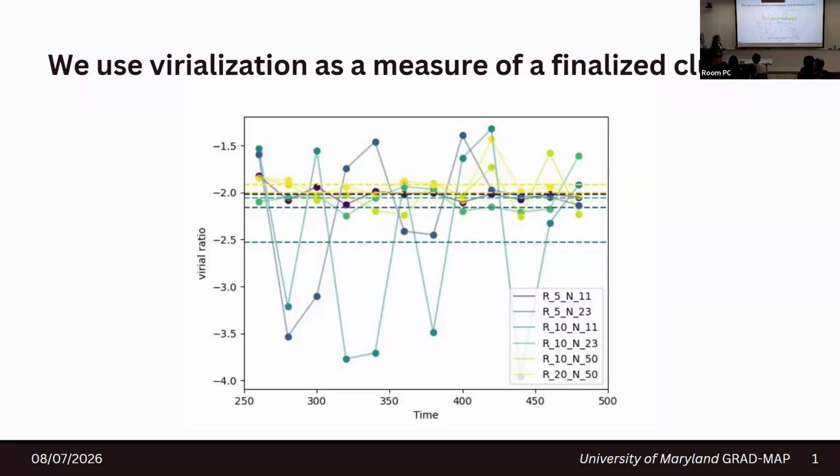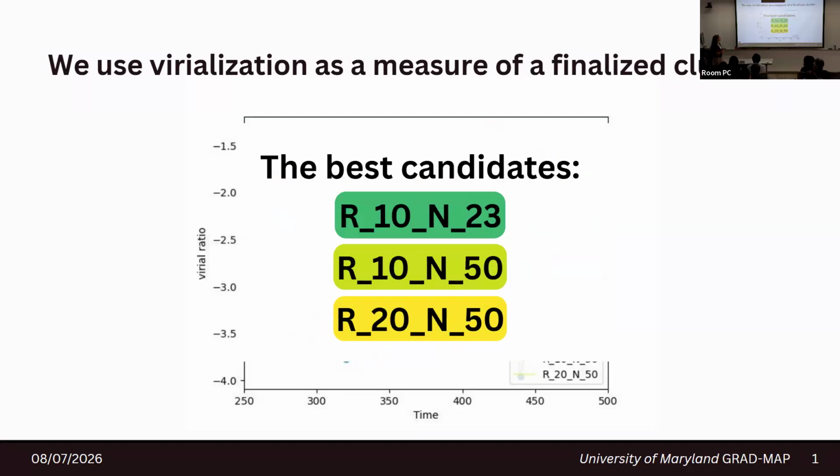We can say that these systems are in quasi-equilibrium or reaching equilibrium, which means we can analyze them as globular clusters. So from there, we chose our 3 best cases: the initial 10 parsec half-mass radius with 23 initial clusters, the initial 10 parsec radius with 50 initial clusters, and the initial 20 parsec half-mass radius with 50 initial clusters.